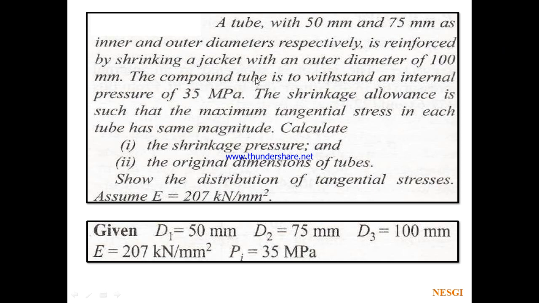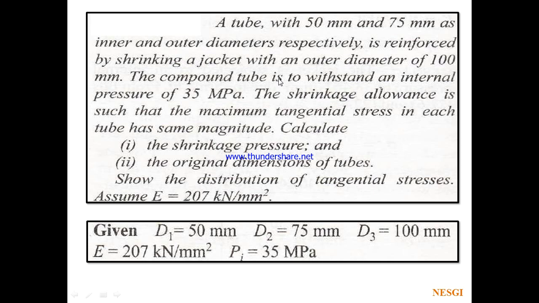The compound tube is to withstand an internal pressure of 30 megapascal. The shrinkage allowance is such that the maximum tangential stress in each tube has the same magnitude.